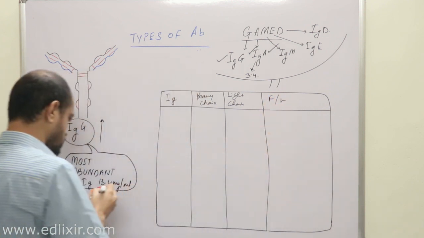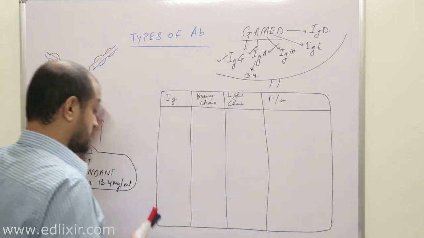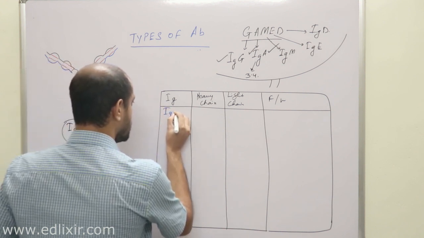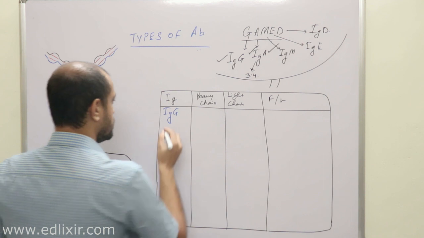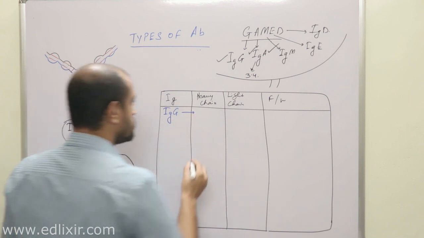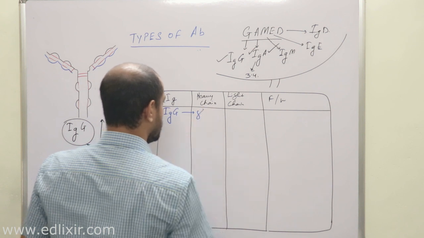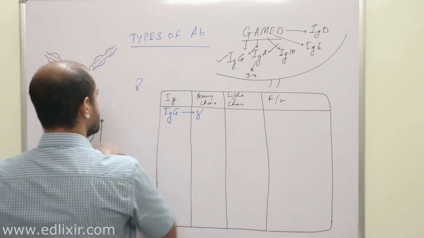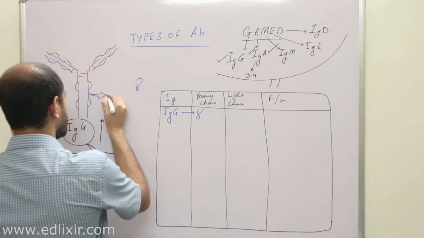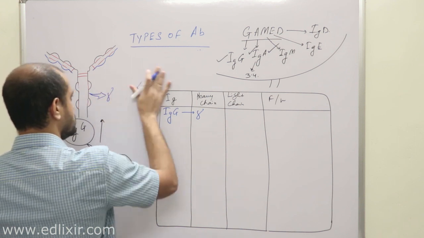Okay, now listen with all your attention. The first Ig we will be talking about is IgG. In IgG the heavy chain is known by the name of gamma. That means these are gamma chains, okay.